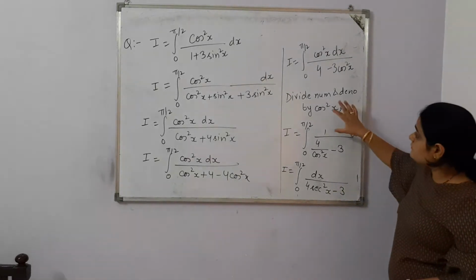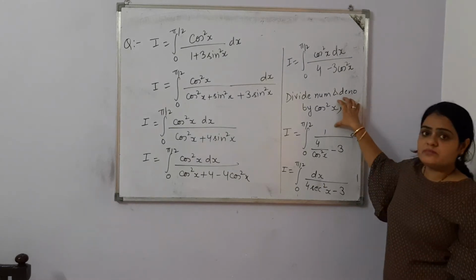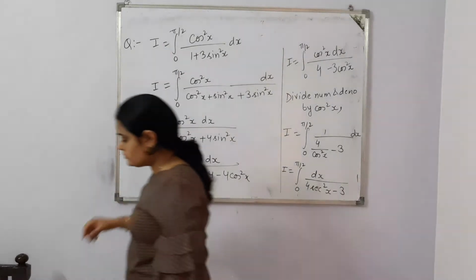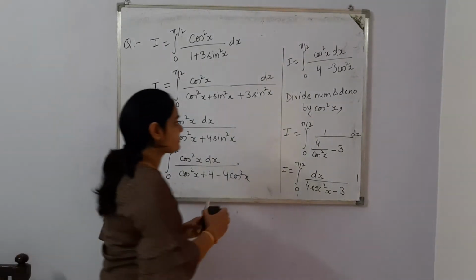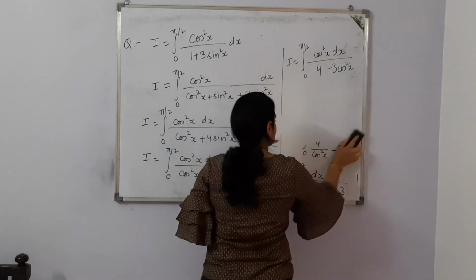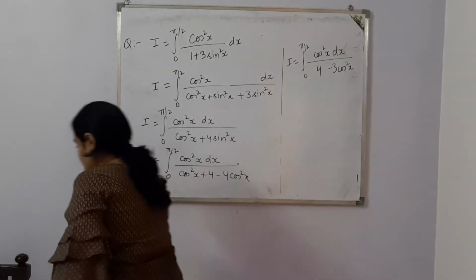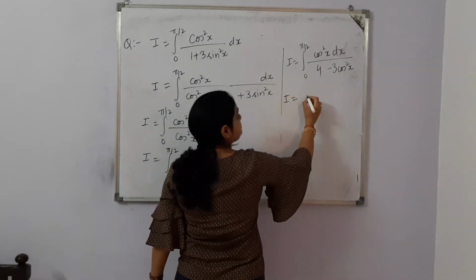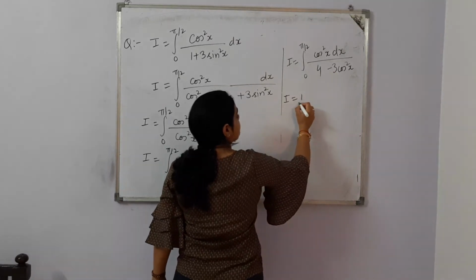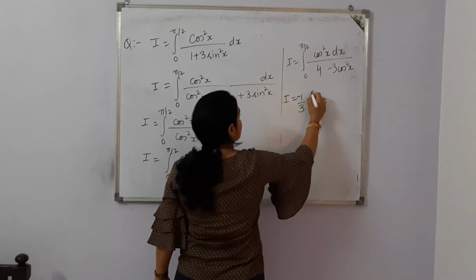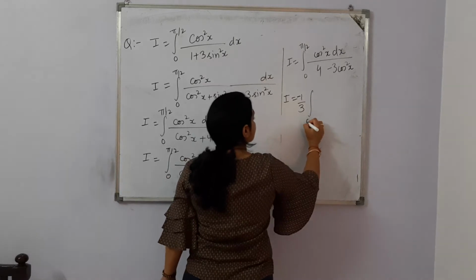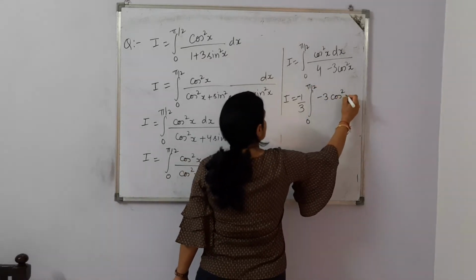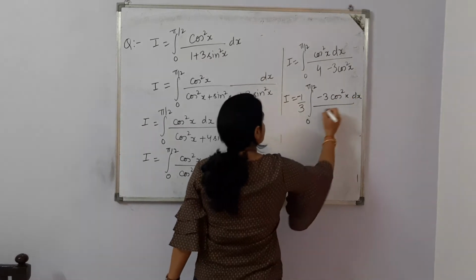So we'll divide numerator and denominator by cos square, but before that we do one thing. Here minus 3 is there. Can I divide and multiply with minus 3? Why I am doing this, I will explain after this step.